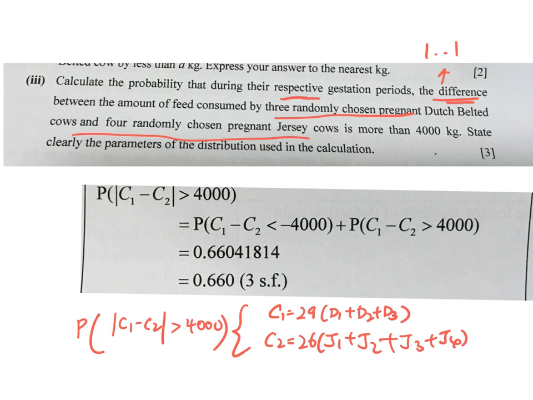Okay, very quickly, let me just check through. Your answers should be: taking C1 minus C2, the mean should be negative 4117, then the variance should be 80020.3237. Some of you got slightly off.